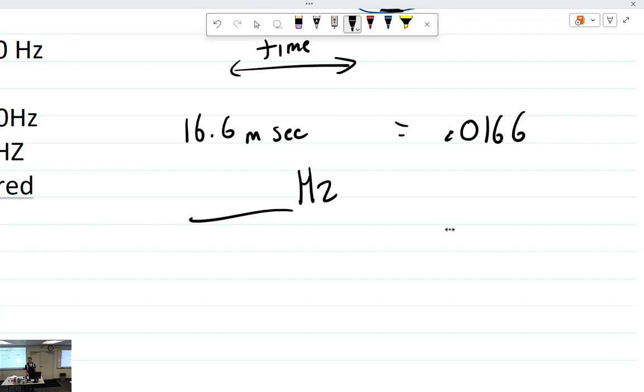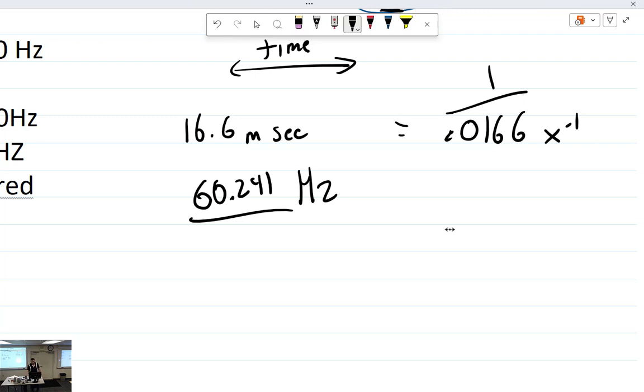Everybody follow so far? Now x to the minus 1: 1 over 0.0166. And what does it tell you? 60.241 hertz. Got it? I just converted how long it took one cycle to how many cycles I get per second.